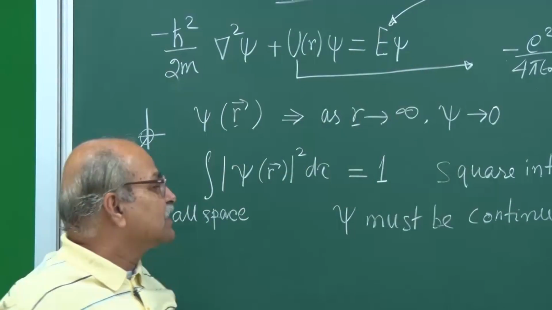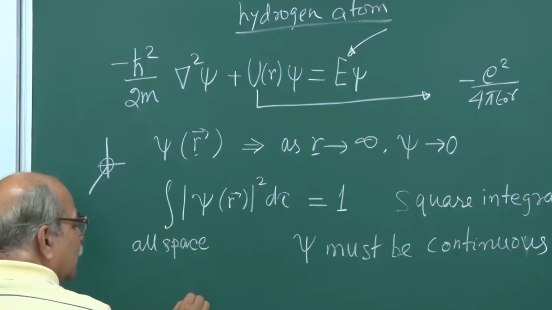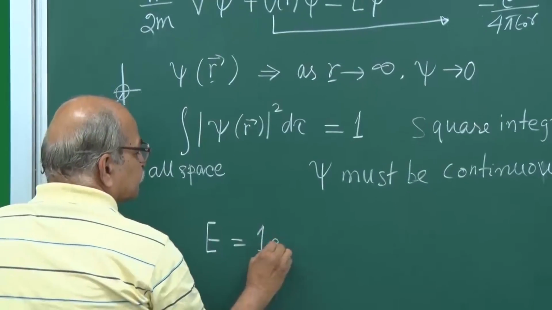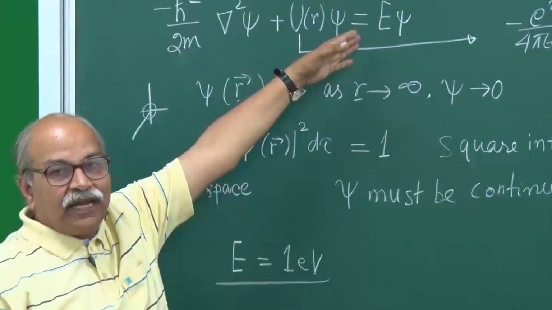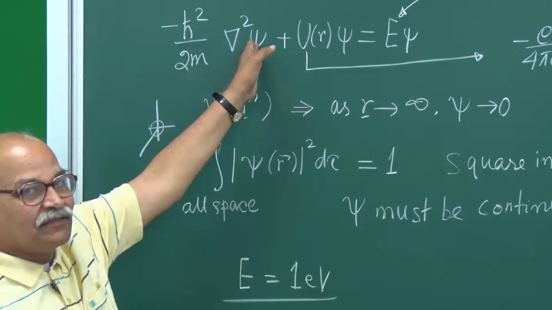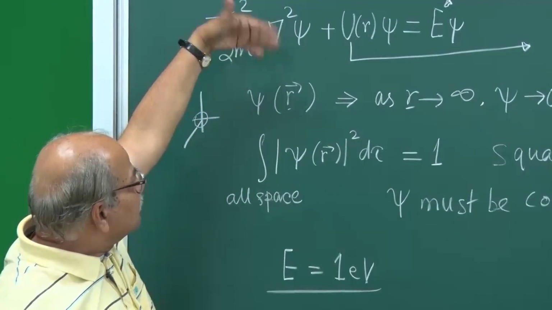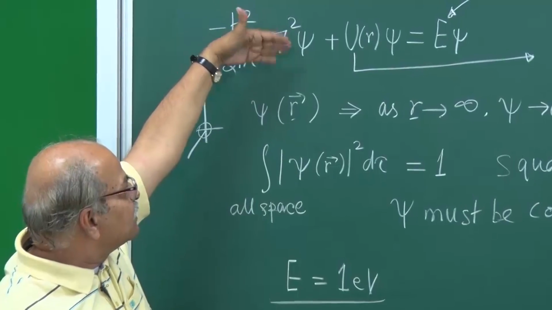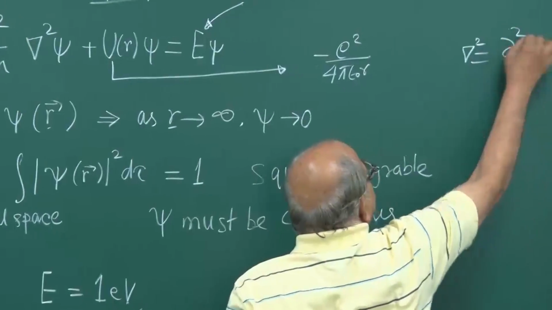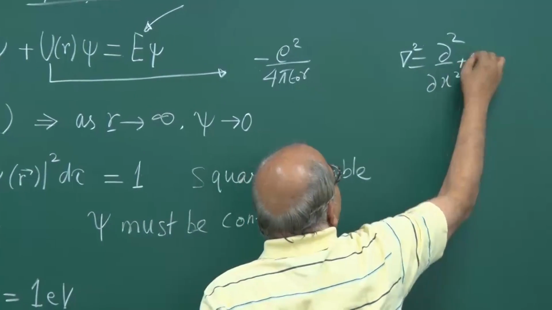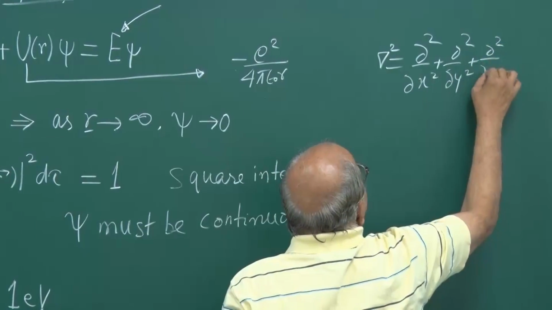Suppose for this capital E, I write 1 electron volt. The equation is still there, and I ask what functional form psi I should put here, so that when I do all that second differentiation with respect to x, y, z, etc. Remember that del square is del 2 by del x square plus del 2 by del y square plus del 2 by del z square.